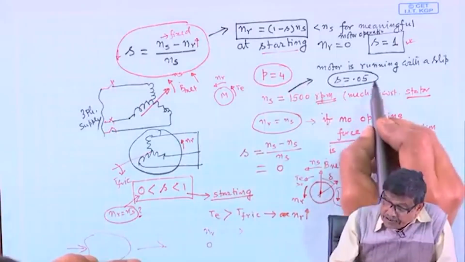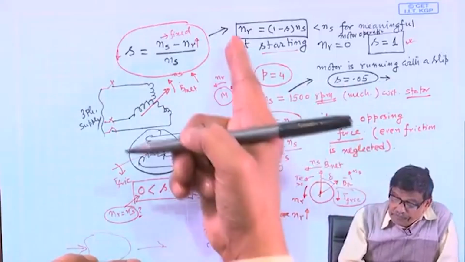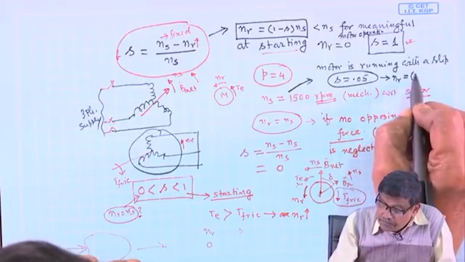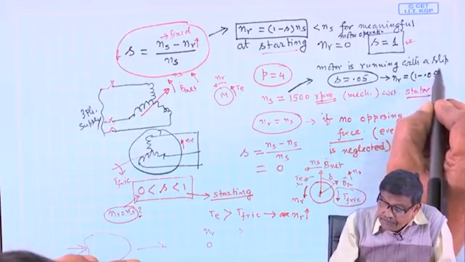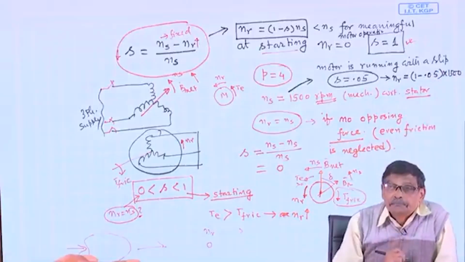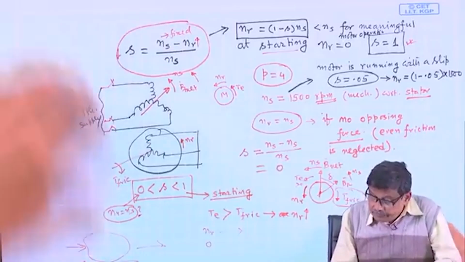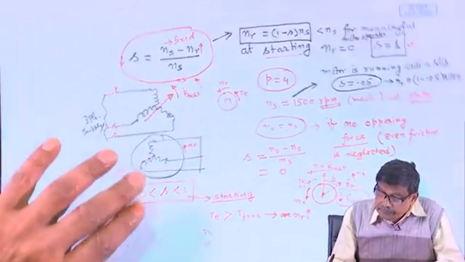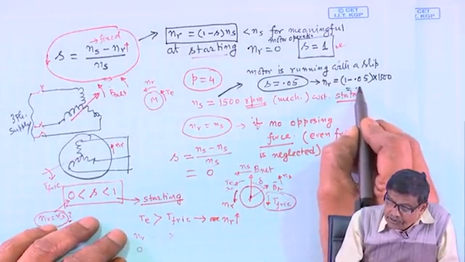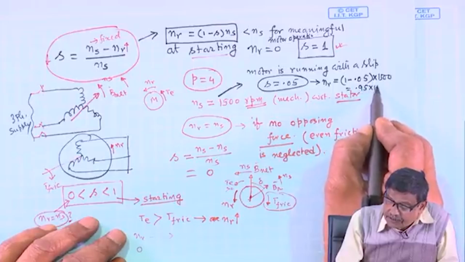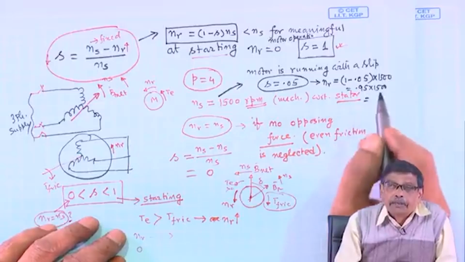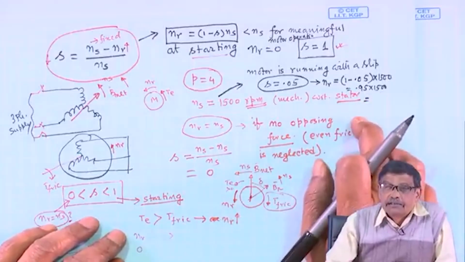How? Because if I want to calculate the rotor speed, I will say, oh, Nr is (1 minus 0.05) into Ns, which is 1500. Nr equal to 0.95 into 1500 rpm. How much it will be? Anyway, some rpm you will get very close to 1500, but less than 1500.